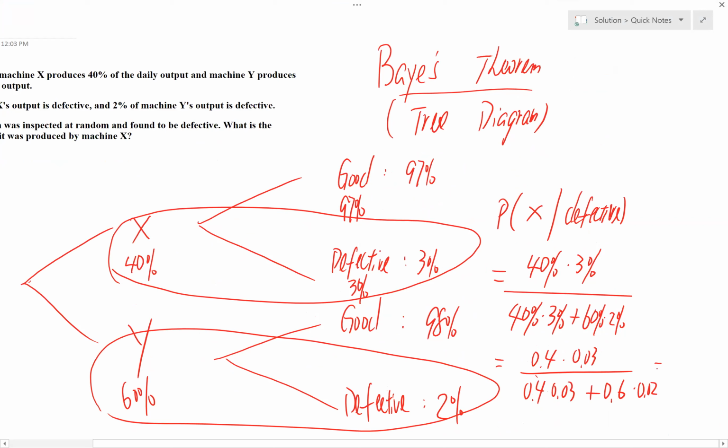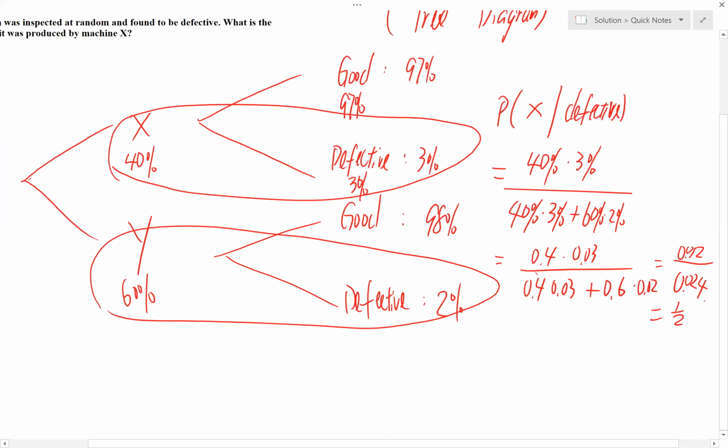And this actually turned out to be 0.012 over 0.024. And this is exactly half, meaning you have 50% chance this defective item comes from machine X, 50% chance it comes from machine Y.